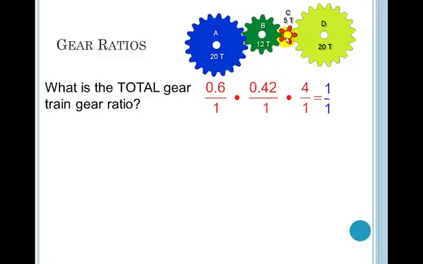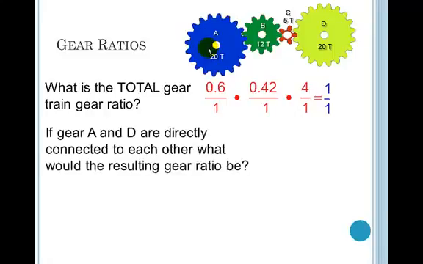If I multiplied all those together, each one cancels the next one out. So the total gear ratio for this gear train is basically the ratio between the output and the input gear. If they were connected directly to each other, the gear ratio would be 1.